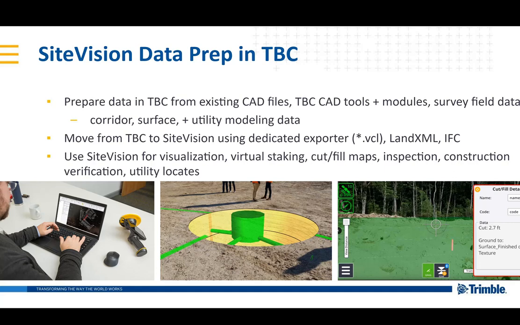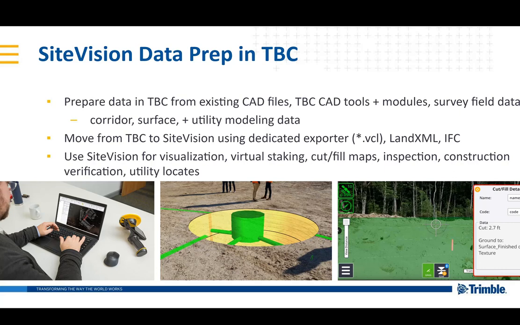Use corridor, surface, or utility modeling data. You can move from TBC and get that model into Sight Vision using our dedicated exporter, which is a VCL-based Sight Vision AR, or using any one of the numerous industry standard formats that Sight Vision supports, such as LandXML, IFC, DXF, DWG, and a couple more as well.